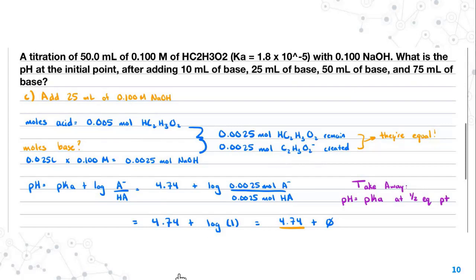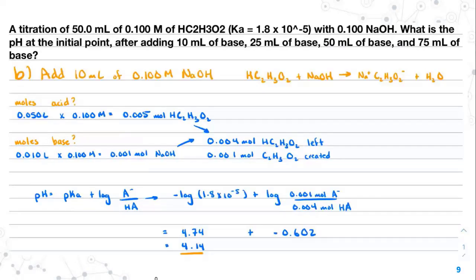Where'd you get the 0.001 moles of that? Okay, good question. So notice this moles of base here, this is our limiting reagent. So we're combining these two, and this one runs out. So that means we lose 0.001 moles of the acid, which is right here.